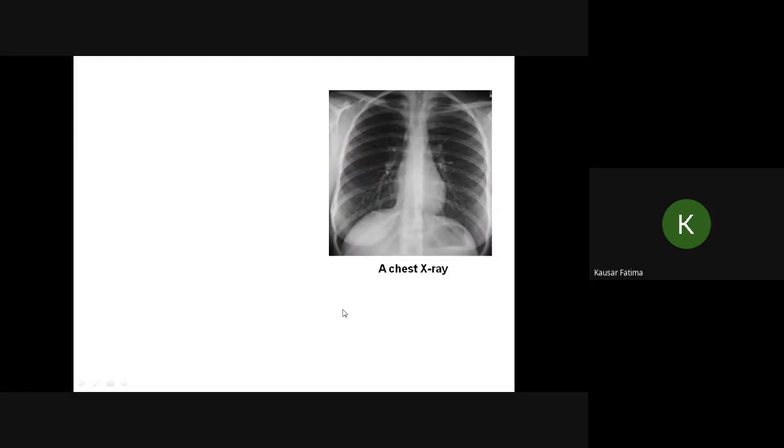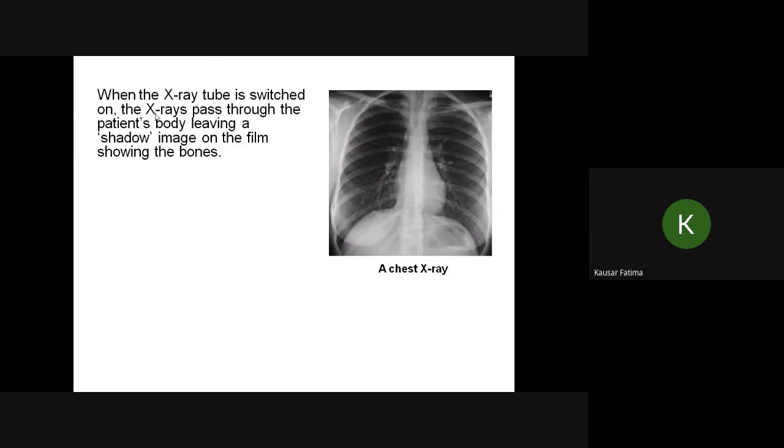A chest X-ray is shown here. When the X-ray tube is switched on, X-rays pass through the patient's body, leaving a shadow image, because they are absorbed by bones. So bones are seen here because X-rays cannot go through them. What is behind the bone is not seen, but where there are no bones, they can pass through the soft tissues. So a breakage in the bone can be examined here.